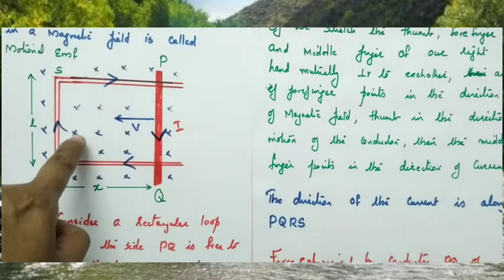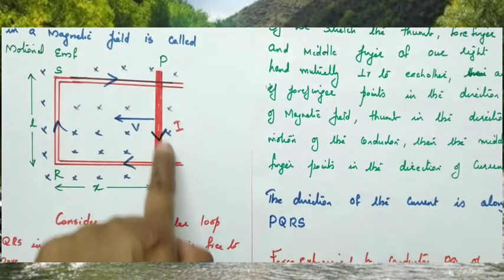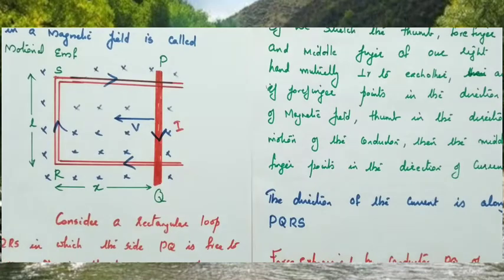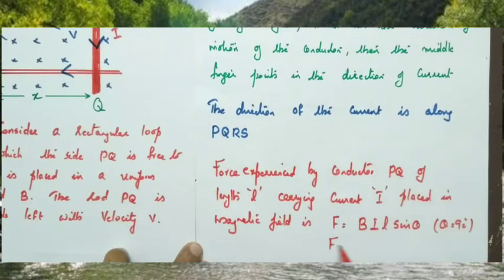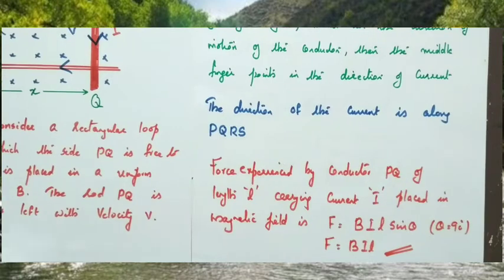The magnetic field is into the plane and the length in the direction of current means downward, so both are perpendicular to each other. Therefore theta is equal to 90 degrees and hence the force experienced is F equal to BIL.